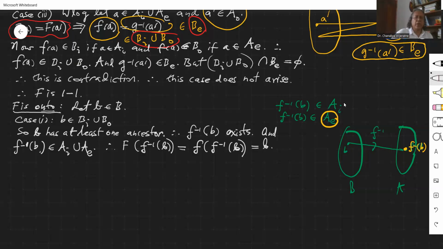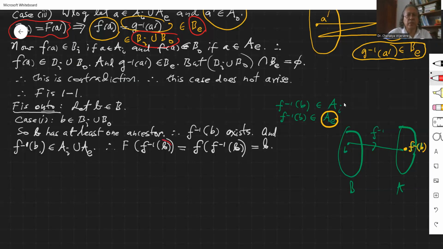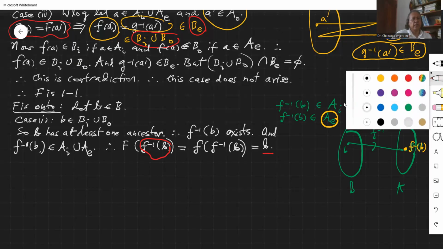So therefore, we found an element in A such that capital F of that element is b. So in this case, we have shown that this capital F function is onto.